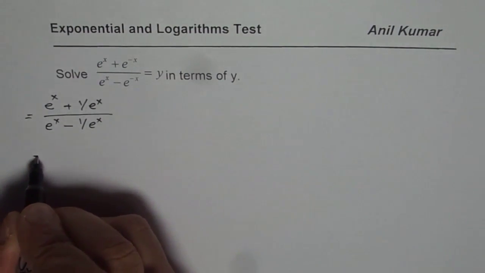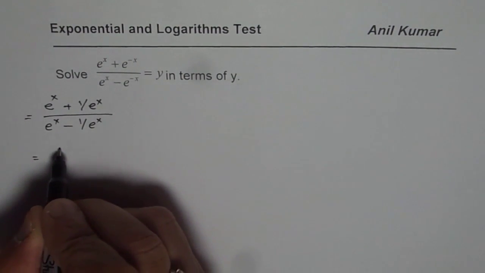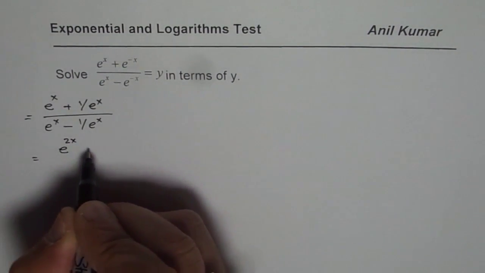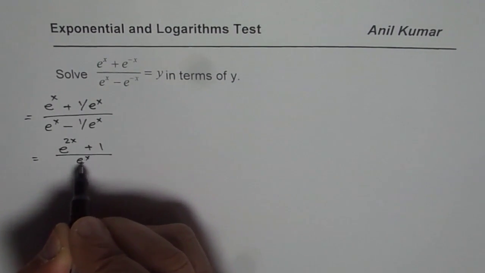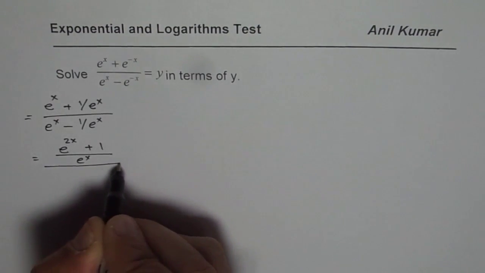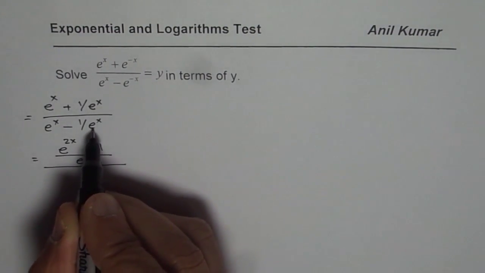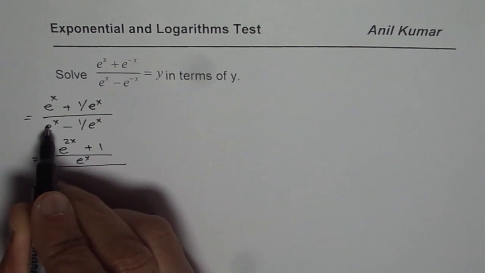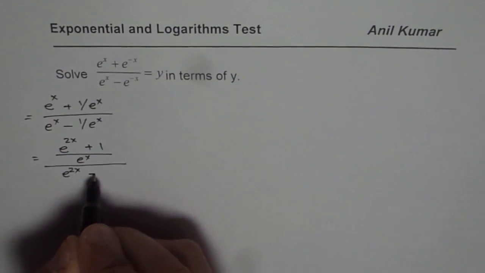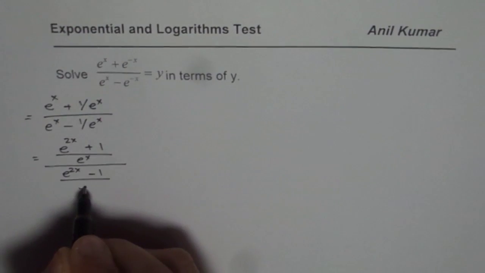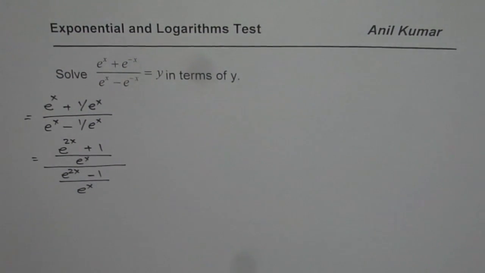So what we get here is (e^(2x) + 1) / e^x. I've taken e^x as a common denominator in the numerator. Same case for the denominator: e^x times e^x gives me e^(2x), minus 1, divided by e^x.